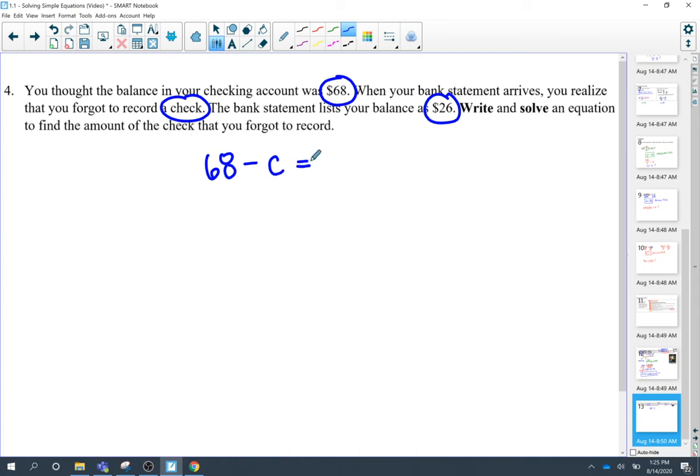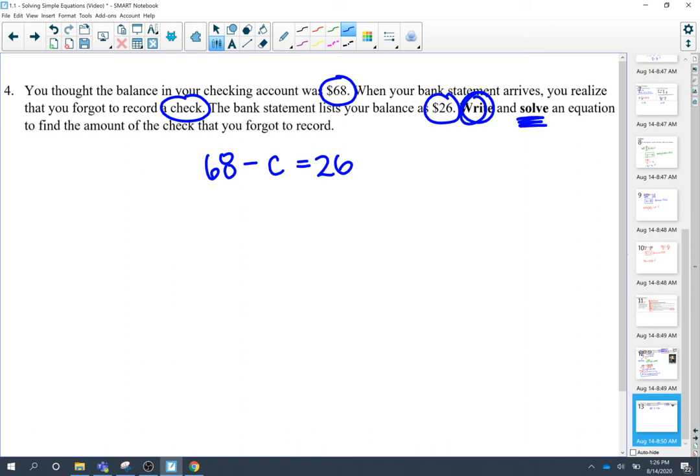And really, I only have $26 in the bank account. So the question is, well, then how much was the check for? Like, how much did I go to the grocery store for, or how much did I buy on that pair of shoes, or whatever I bought? Had 68, spent some money, now I have 26. How much did I spend? That's your equation.